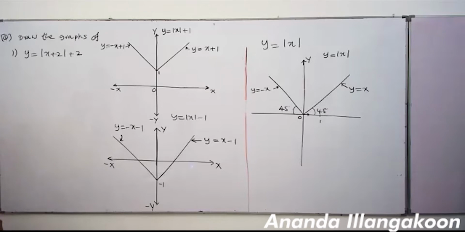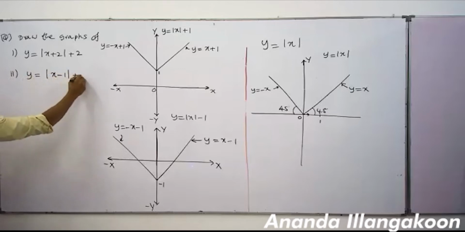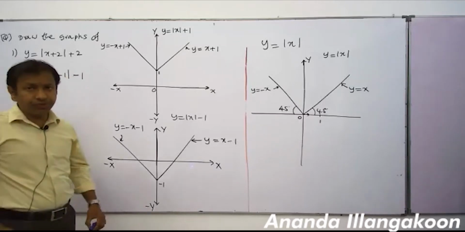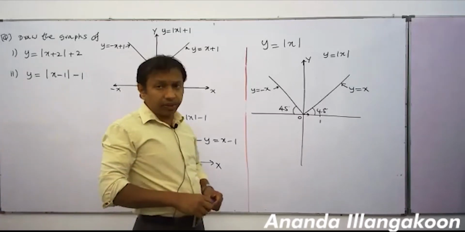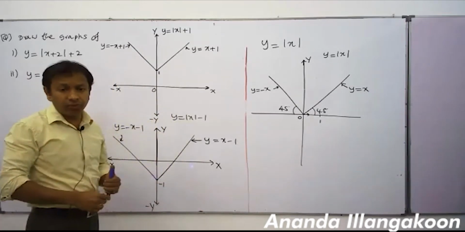Second one is y equals mod x minus 1 minus 1. How to draw this straight away? By the knowledge you have at the moment.